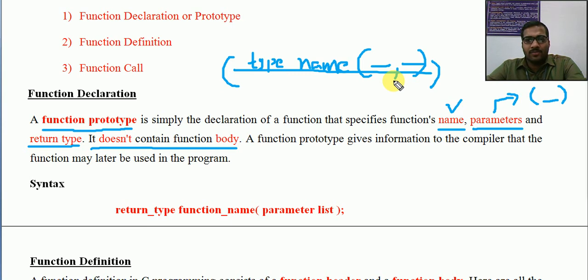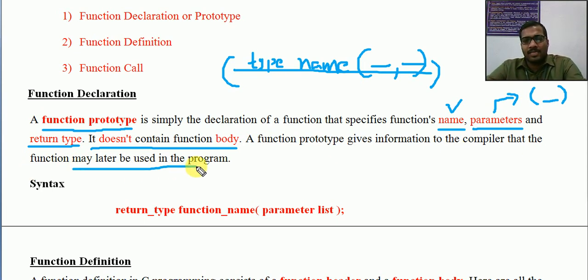Additional information: what information this named function is expecting while making a call. That is called a parameter. So this is actually the syntax. Before moving into the exact syntax, a function prototype gives information to the compiler that the function may later be used in the program, like a variable declaration.